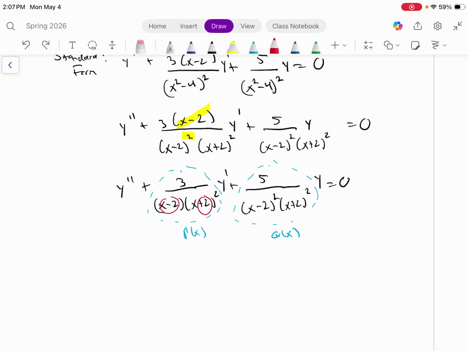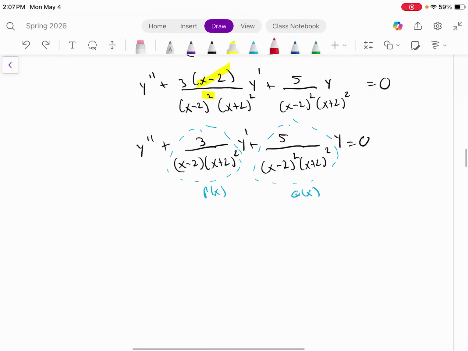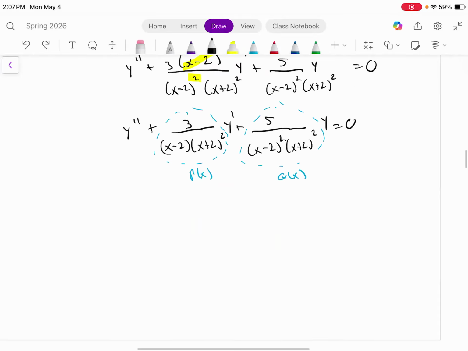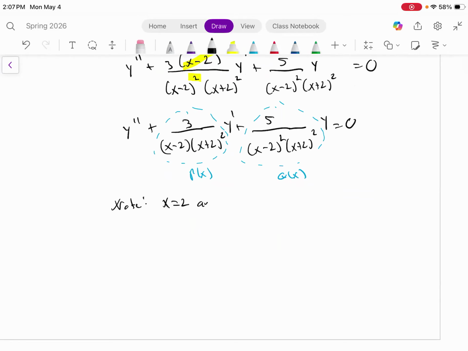So we're going to have some domain issues, and those give us our singular points. So I'll note down below that x equals 2 and x equals negative 2 are singular points.